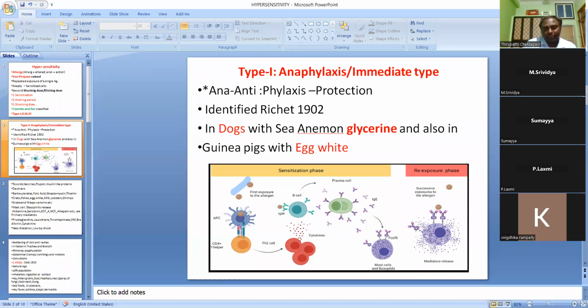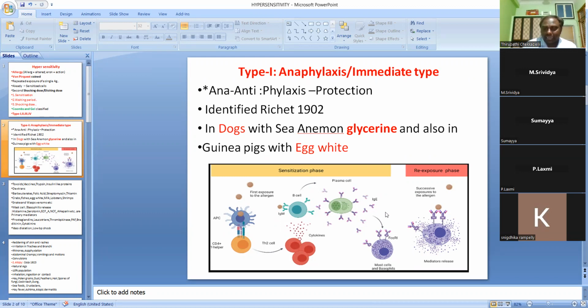Whenever the antigen enters the antigen presenting cell, it processes and presents some part of the antigen to the T helper cell. They are activated, and T helper 2 cells are produced. They release some cytokines that stimulate B lymphocytes. These B lymphocytes divide and differentiate to form plasma cells.